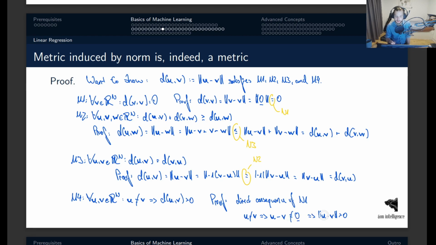And this implies that the magnitude of the difference between u and v cannot be 0. And since the norm maps into the non-negative real numbers, excluding the 0 leaves you only with the strictly positive numbers. So this will be positive. And we have now shown that metrics which are induced by norms are indeed metrics.